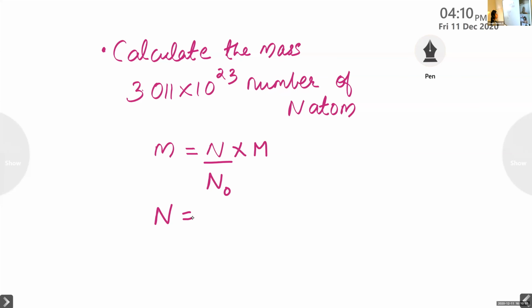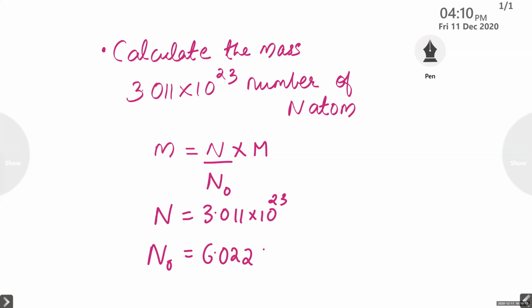It is 3.011 into 10 raised to 23. Then what's the value of N0? 6.022 into 10 raised to 23.